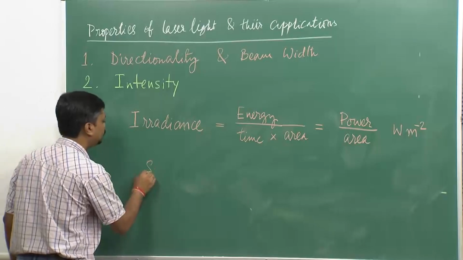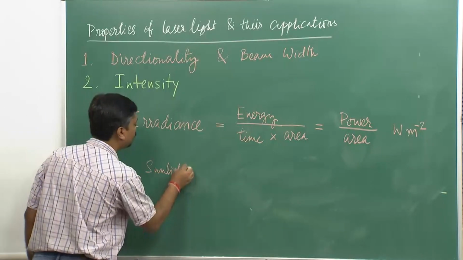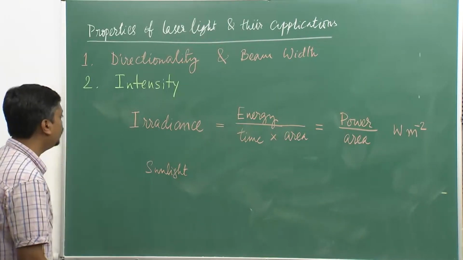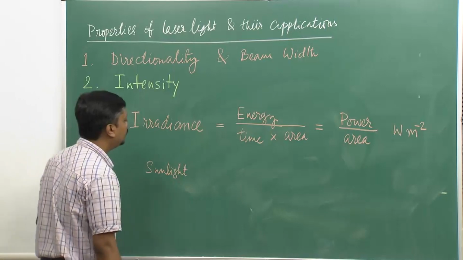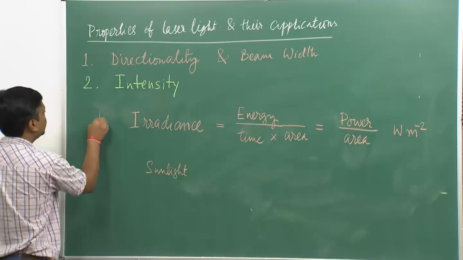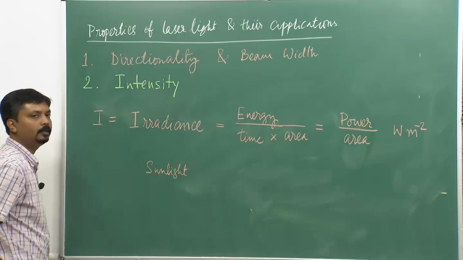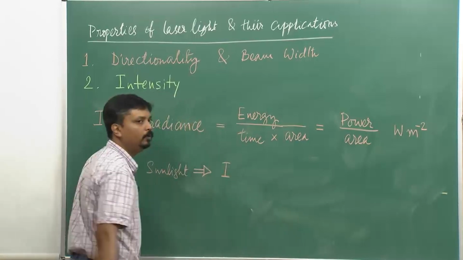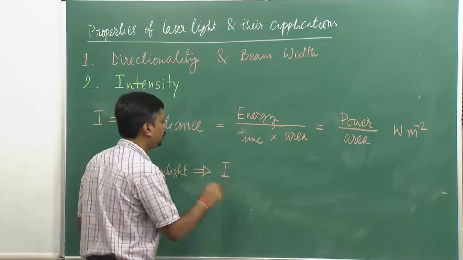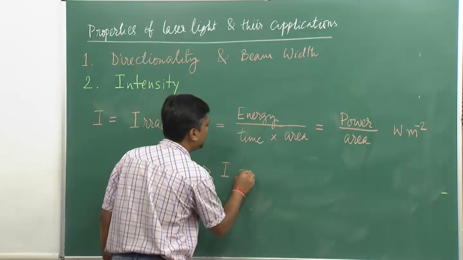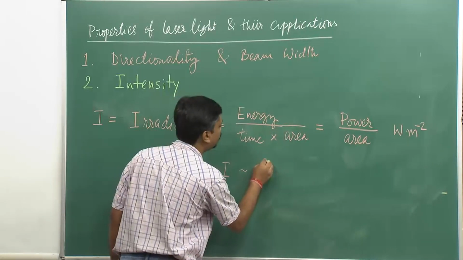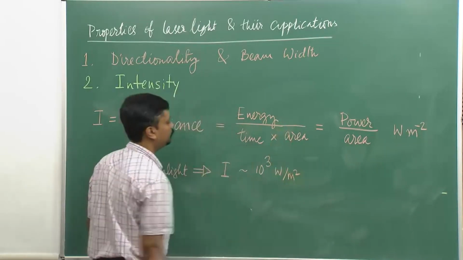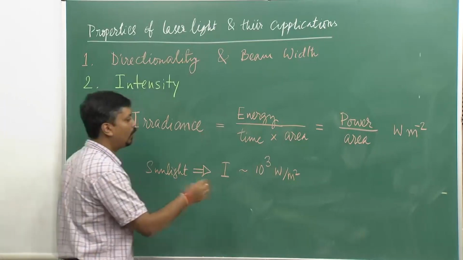For sunlight, if I consider 1 meter square area, then the irradiance value, irradiance is written as I. So, for sunlight, I value on earth is typically 10 power 3 watt per meter square. This is on the earth's surface.